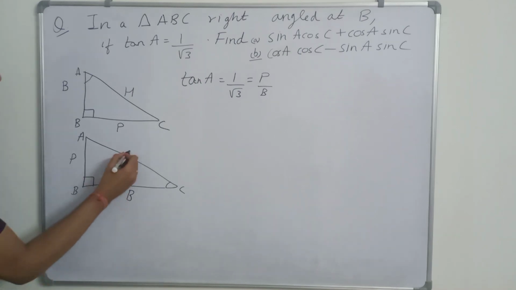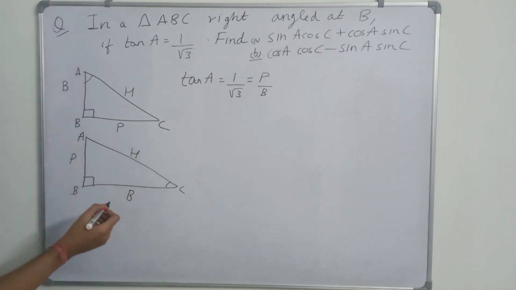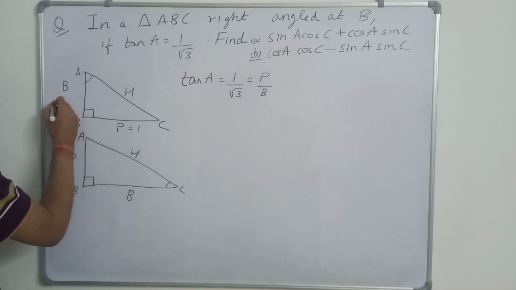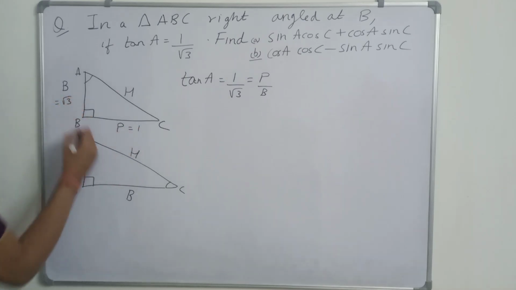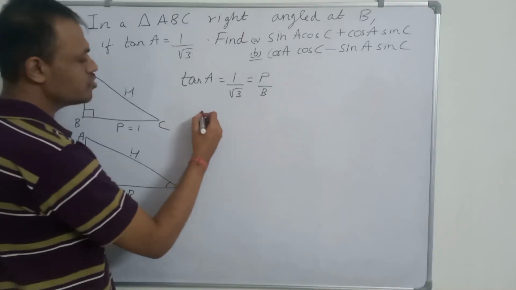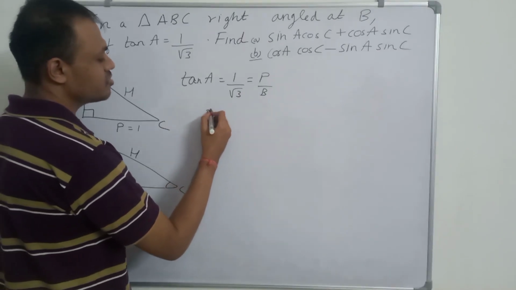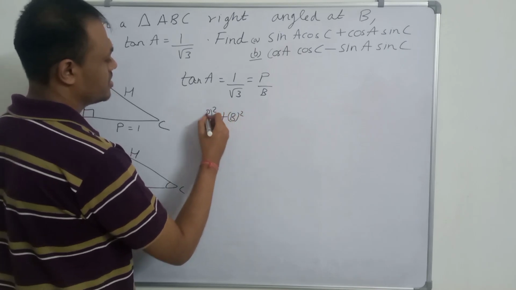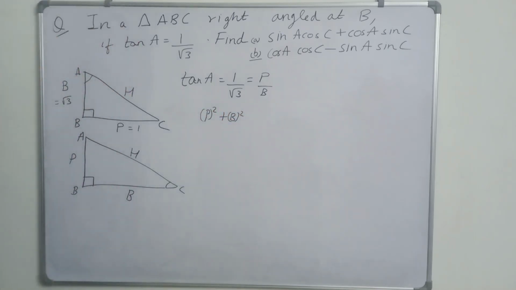So this will be the perpendicular for the first figure and this will be the hypotenuse. Hypotenuse never changes because hypotenuse is the longest length. So if perpendicular is 1 and base is √3, then hypotenuse square will be equal to perpendicular square plus base square. I am writing it as P and B, you should write the full form.